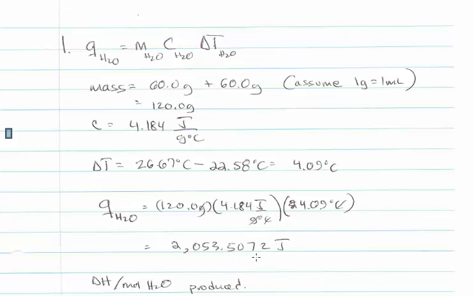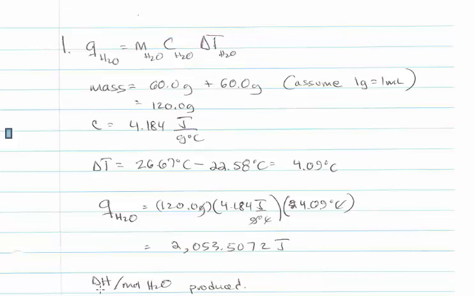Now notice I'm not worried about significant figures here. My final answer should have 3 significant figures, and I'll remember that for my final answer. But if I start rounding too early in the process, my rounding can cause my final answer not to be exactly correct. So I'm not going to round until the very last step.